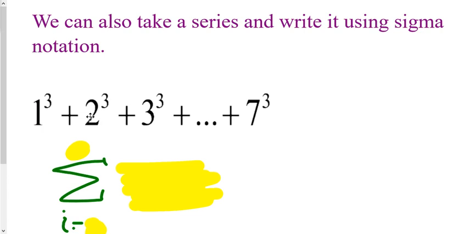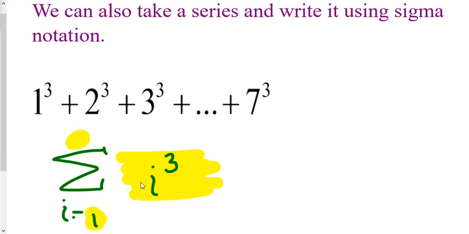So 1 cubed plus 2 cubed plus 3 cubed plus 4 cubed plus 5 cubed plus 6 cubed plus 7 cubed looks to be the pattern. So what that means is that my i is just being cubed. And I'm going to start at i equals 1 because that's the first i that's cubed. And then I'm going to go up to 7. If you can read that. And that's all you have to do for this one.